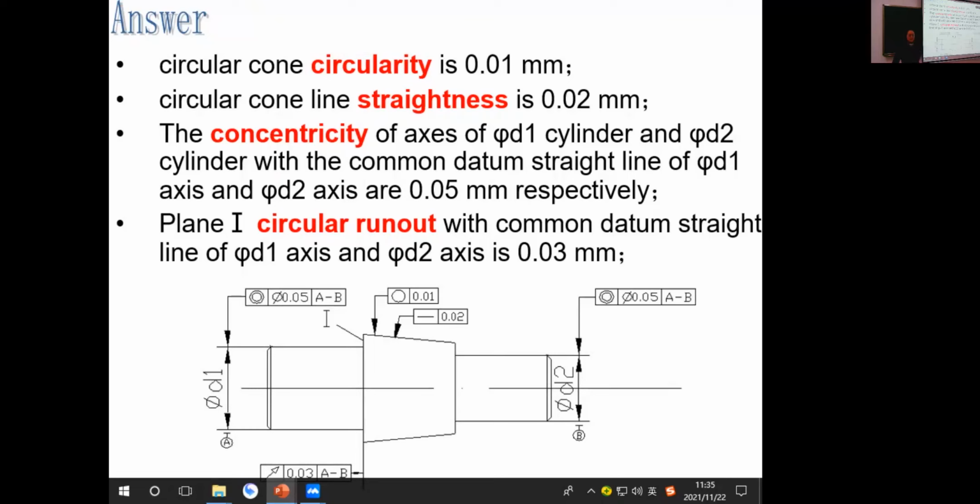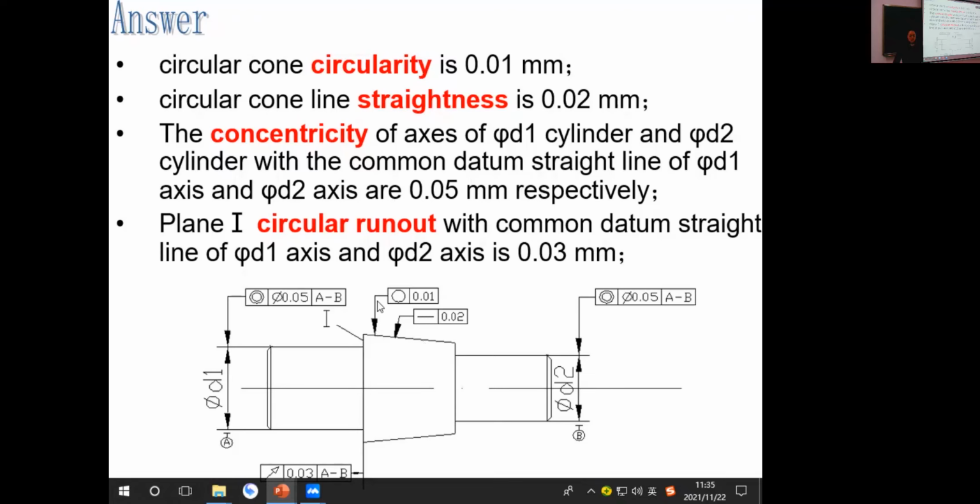Please see the PPT. The first one, the circularity is 0.01. The circular cone means this cone, right? The circular cone means this surface, this circularity.